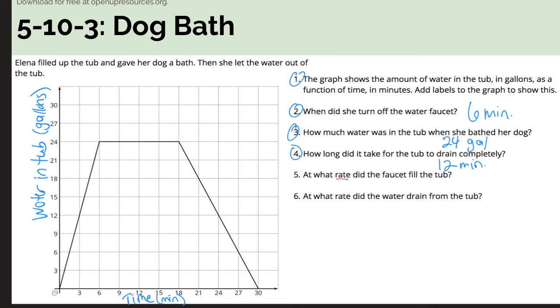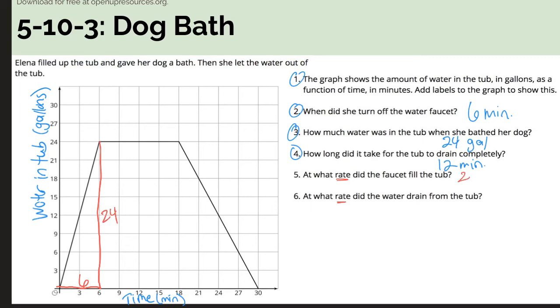Numbers 5 and 6 are looking at rates. We're going to do number 5 together, and then you're going to try number 6 on your own. At what rate did the faucet fill the tub? So filling the tub was right here. I'm going to make a slope triangle and look for my rise and my run. So my run went from 0 to 6, so that's 6. My rise went from 0 to 24, so that's 24.